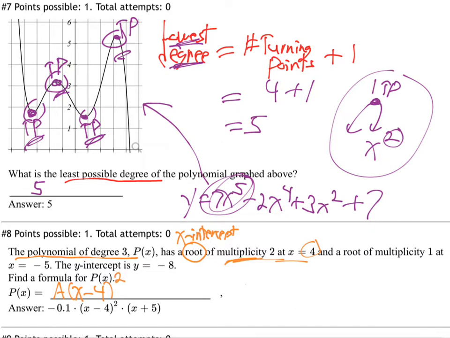Multiplicity means the power, 2 power. Next one, multiplicity 1 at x is negative 5, so that'll be x plus 5, first power.